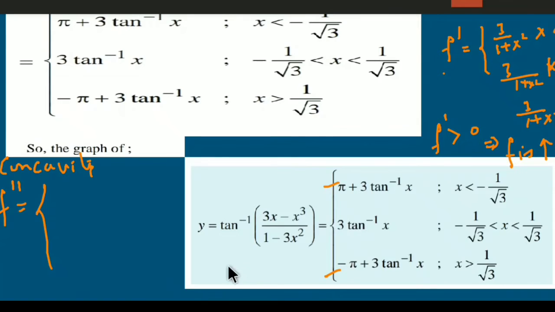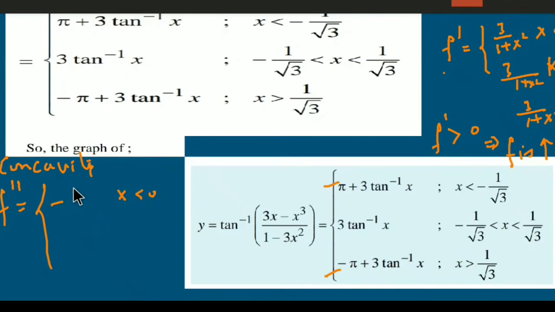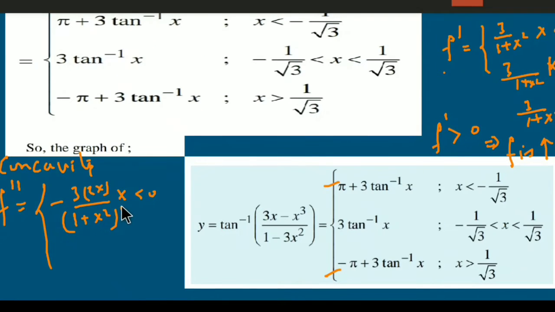If you differentiate the first part and third part, then for x negative, in the second part also, wherever there is x negative here, the differentiation is negative 3 into 2x upon 1 plus x square whole square, because the differential of 1 by x is negative 1 by x square.